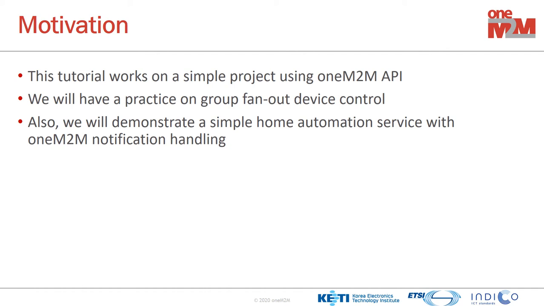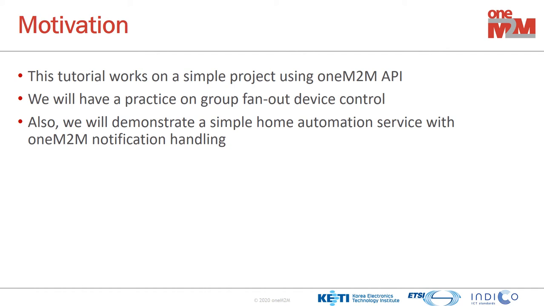And with the group fan out, of course, we can get multiple device or sensor measurements, or we can send out multiple device control or actuations through the group fan out. And actually, in this session, we have two different kinds of projects.